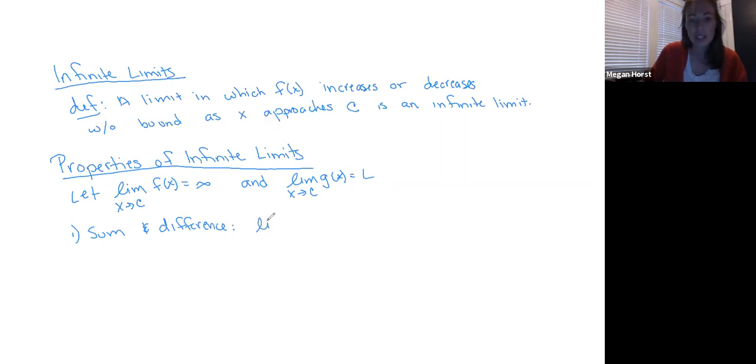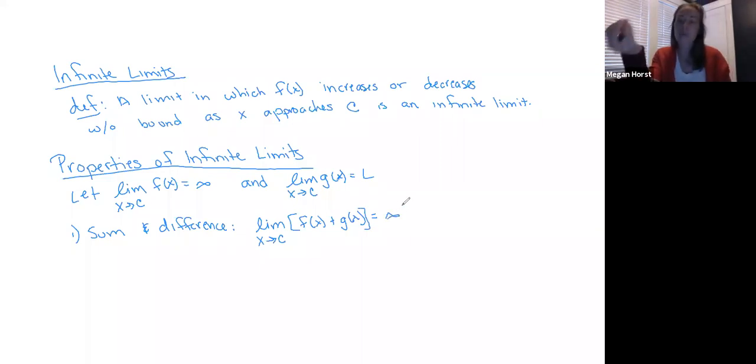And that just says that the limit as x approaches that c value of f of x plus g of x is just going to equal infinity. Because if I'm adding something so minuscule to infinity, it doesn't even matter, right? Or if I subtract something, sorry, make this a plus or minus.